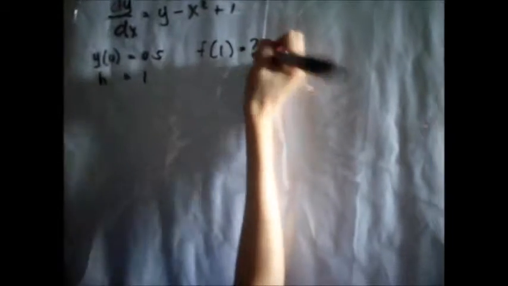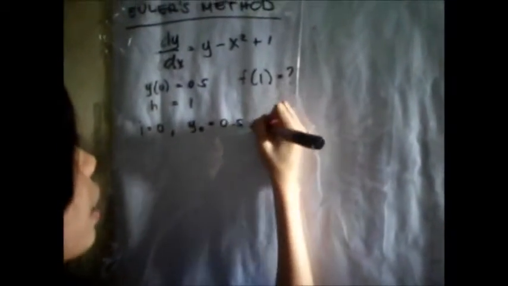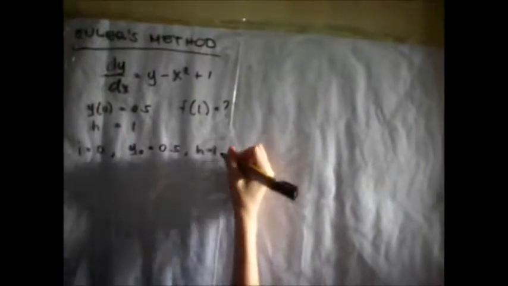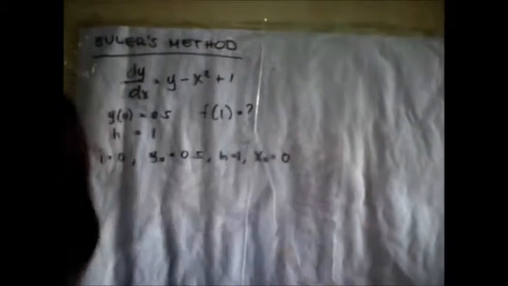That is the requirement that we have to find. So if i is 0, then y of 0 is equal to 0.5, the step size is 1, and any value of x could be, so we set the x of 0 to 0.